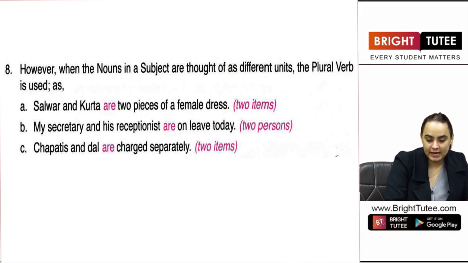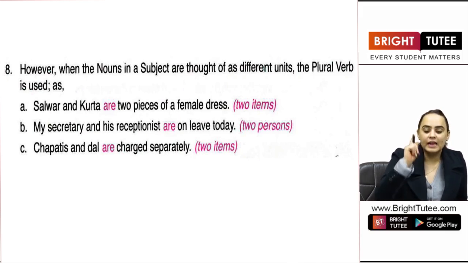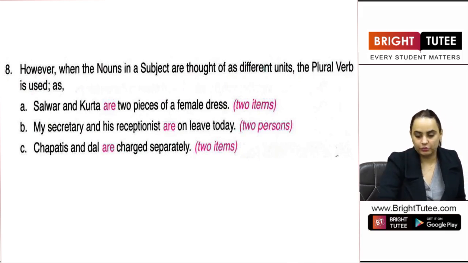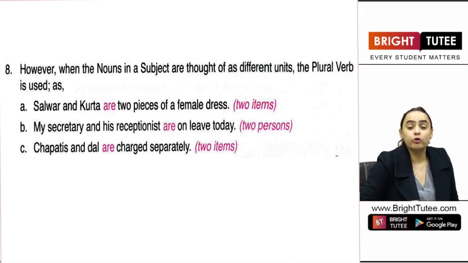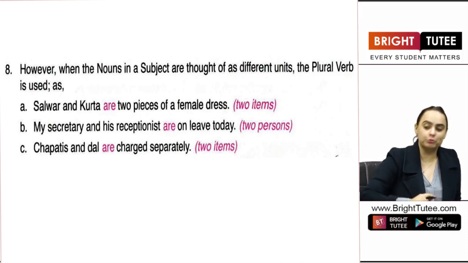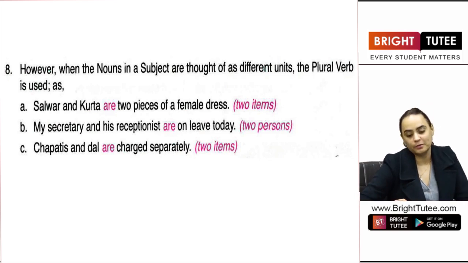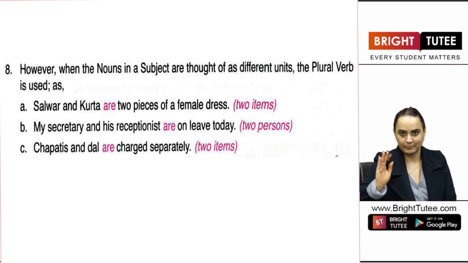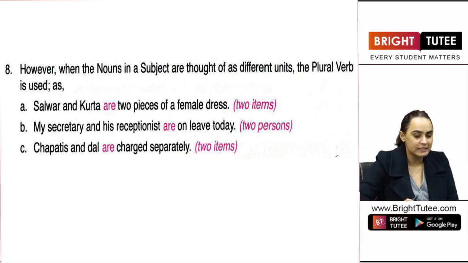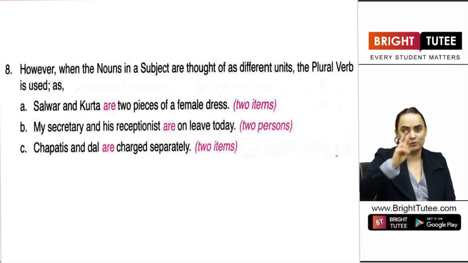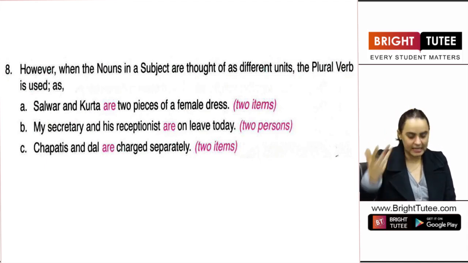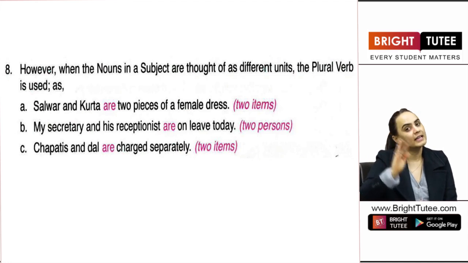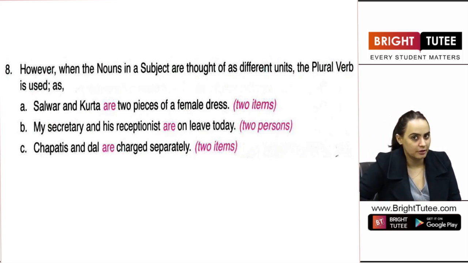The next rule says, when the nouns in the subject are of different units, the plural verb is used. What did we learn previously? If there are two words which used together represent the same idea, the same thought, the same thing, in that case the verb will be singular.